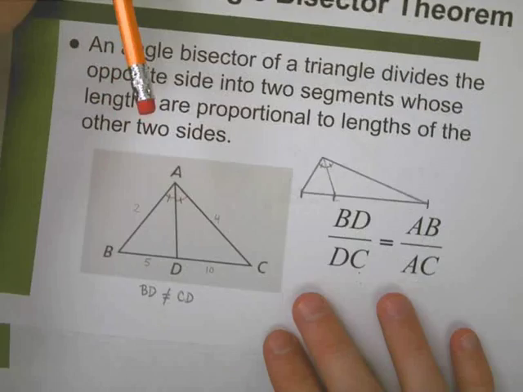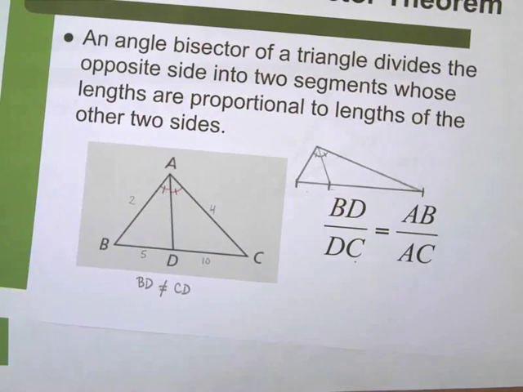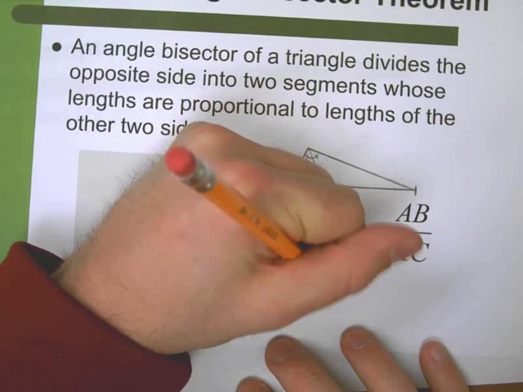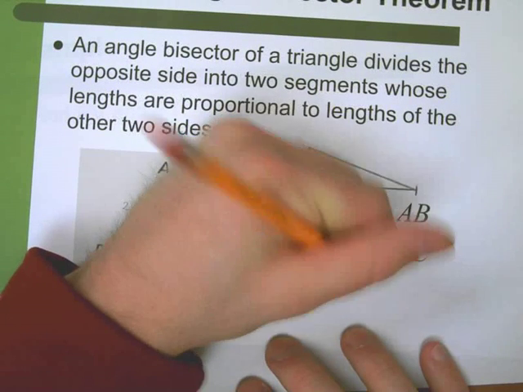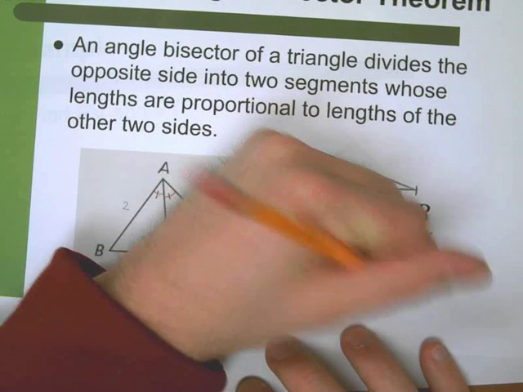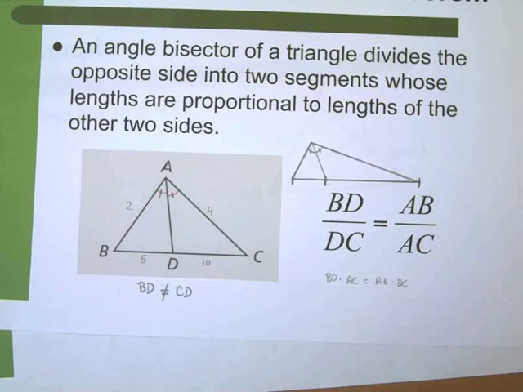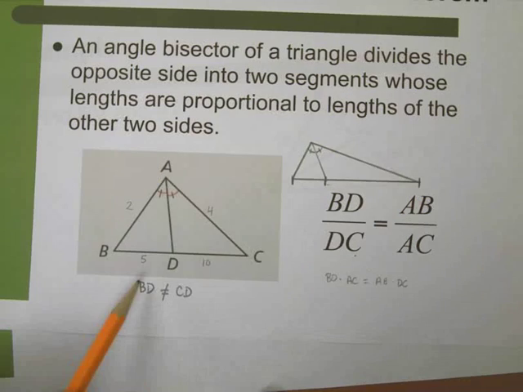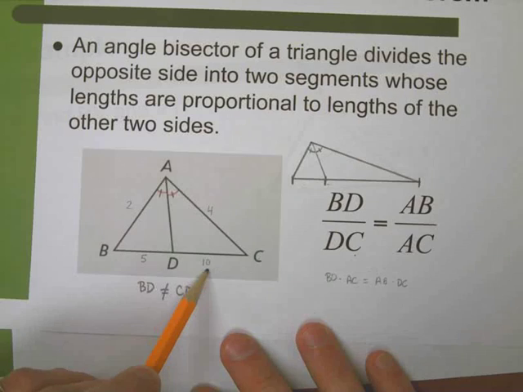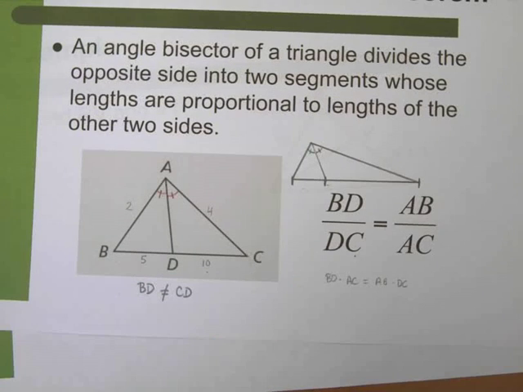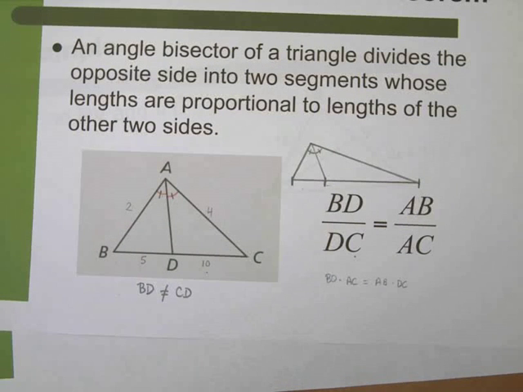By the way, you'll notice another way that I could have written this. Eventually what I'm going to do is I'm going to take BD times AC and AB times DC, right? Those the cross multiplication. If you don't like saying it like this, that this ratio to this, you could say, if you wanted to, I'm going to keep 2 and 5 on the same side of the fraction. 2 is to 5 as 4 is to 10, and you're going to get the same answer if you like that.